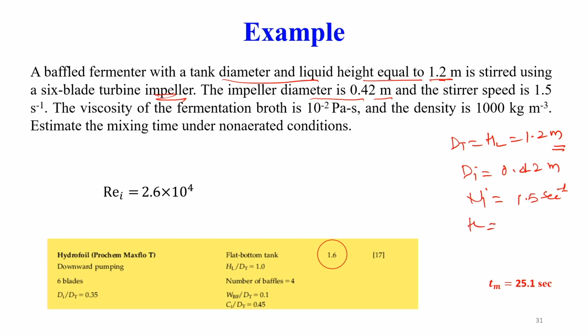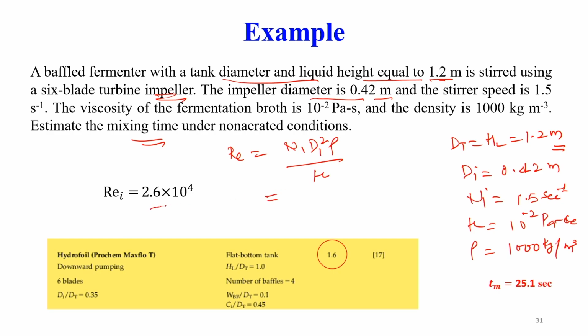Viscosity is given as 10 to the power minus 2 Pascal second and density as 1000 kg per meter cube. You have to calculate the mixing time. First, calculate the Reynolds number Re as Ni di square rho upon mu, and its value will be 2.6 into 10 to the power 4.